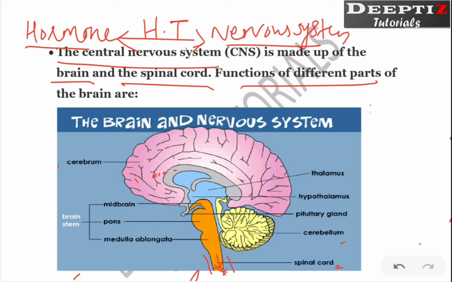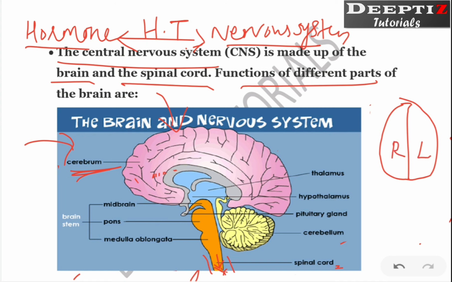Now one more thing you have to understand, this is a side view. If you look at this brain from this side, the cerebrum is divided into two halves, that is right and left hemispheres.